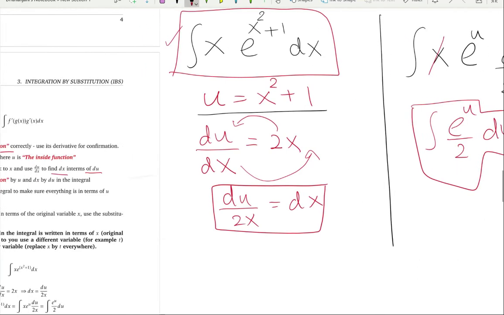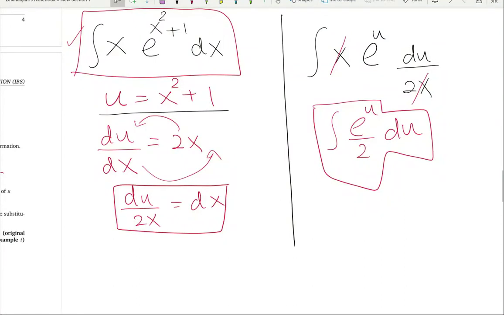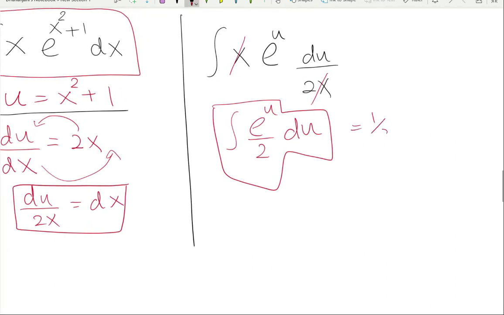All right, now that's done. Now look at the integral that you got. Well, can we integrate e to the u over 2 easily? Now integrate. Yes, we can take the half outside, that's a constant, so e to the u. If you integrate e to the u, what we get is half e to the u. The integral of e to the u is e to the u plus an arbitrary constant c. Don't forget that.